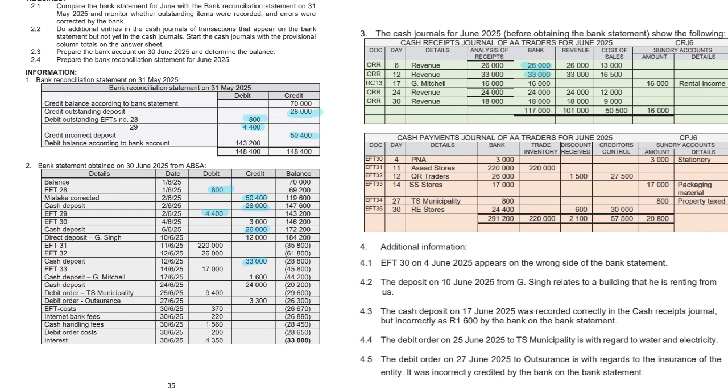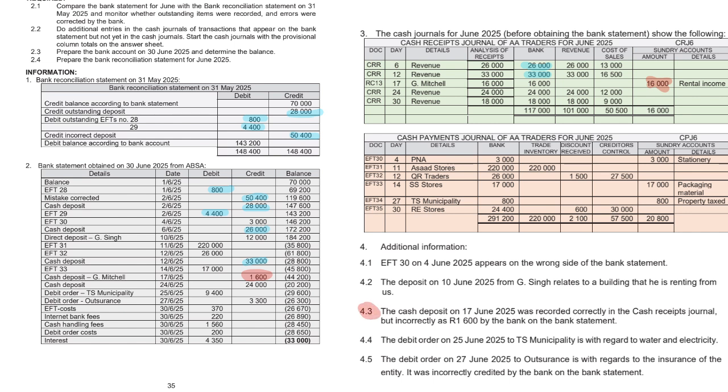So use a different color. I'm going to use red. So this 16,000 and this 1,600 does not correspond. So I'm making that a different color, and then you will quickly see, if you just want to jump through it, you'll see that we're going to get more information regarding that at number 4.3.